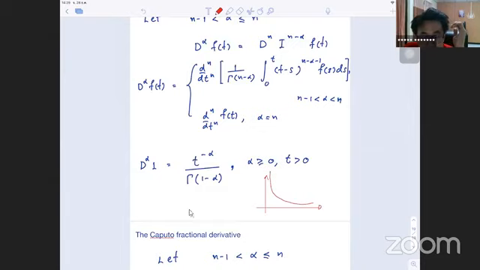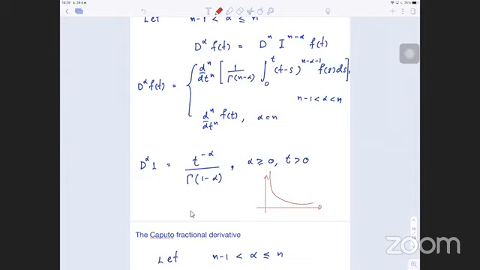One more question out of my curiosity. Normally, when we take the derivative of the exponential e to the power of x, it is e to the power of x itself. How about the fractional derivative of that exponential function? Is it always the same?